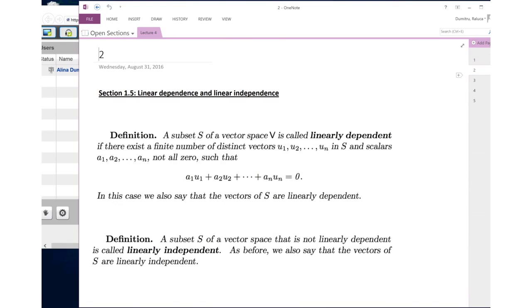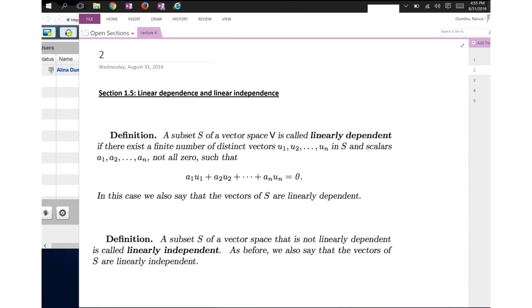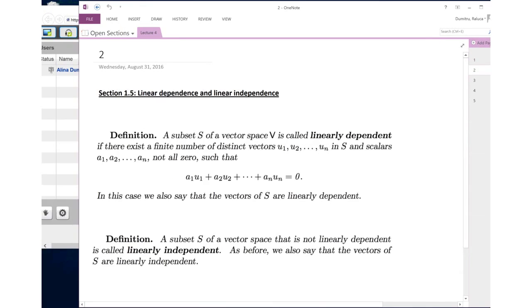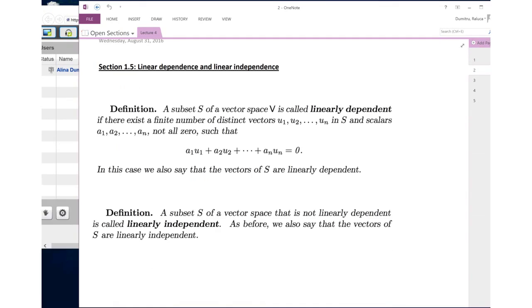To section 1.5. It's called linear dependence and linear independence. So we're going to start by looking at the definition. You have a set S of vectors in a vector space V. We say the set is linearly dependent if there is a linear combination of vectors in S that will give you the zero vector.